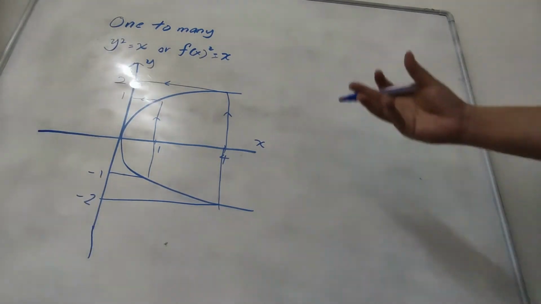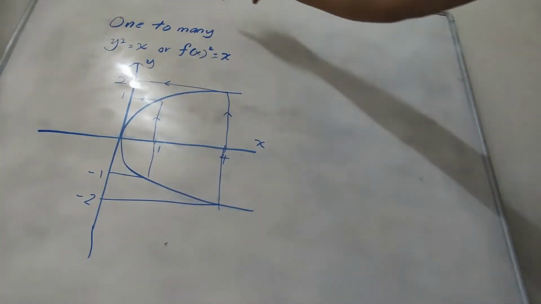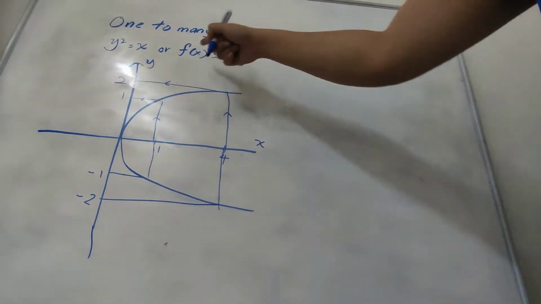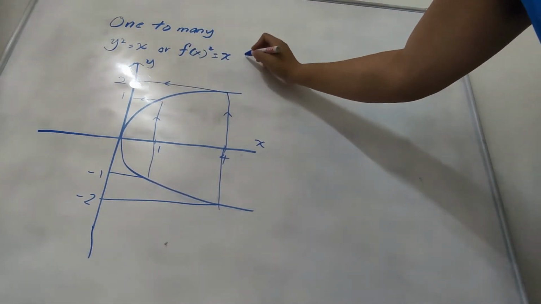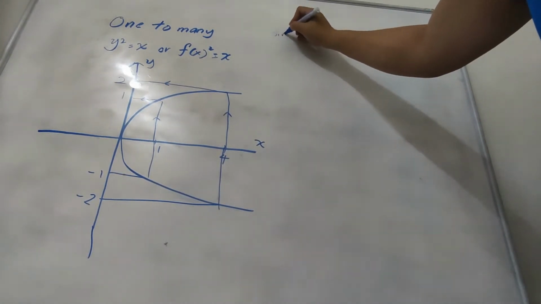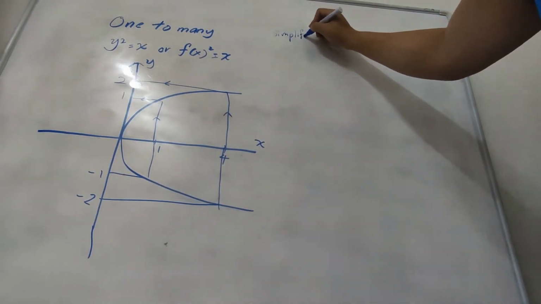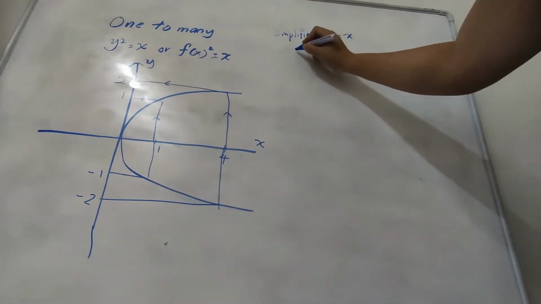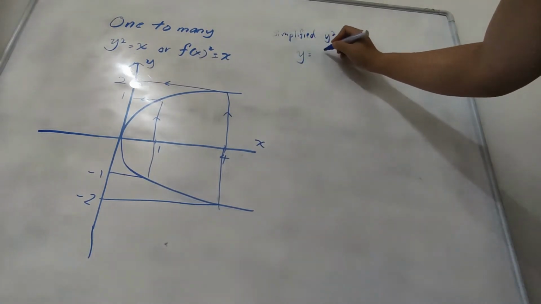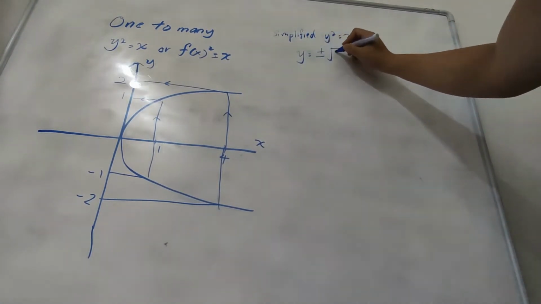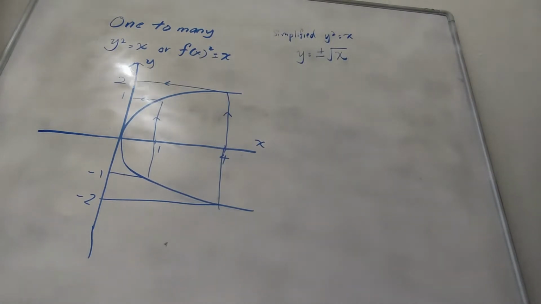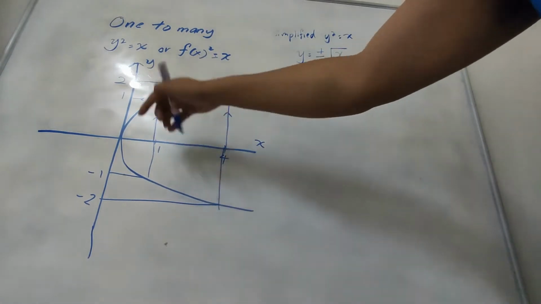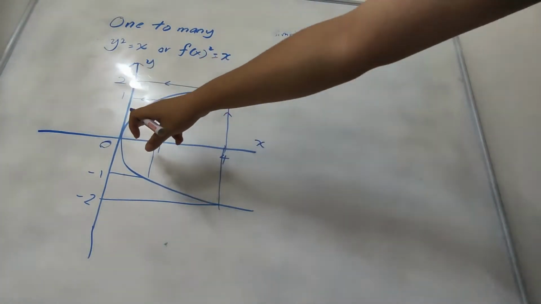And you can write this function as a set of numbers by simplifying it. Simplify y squared equals x, then it becomes y equals plus or minus square root of x. So when you put the numbers in, we still count the 0.